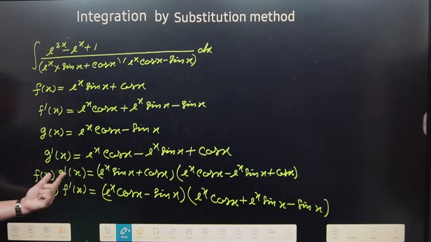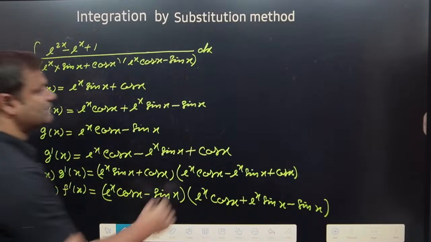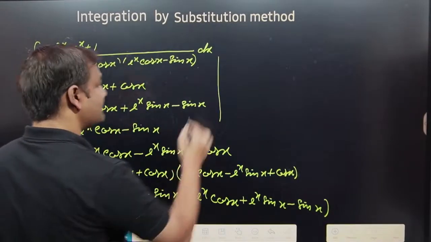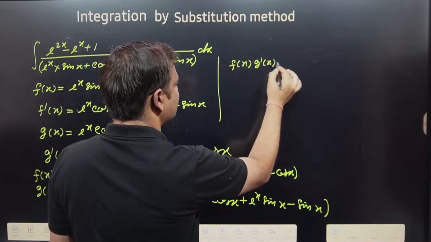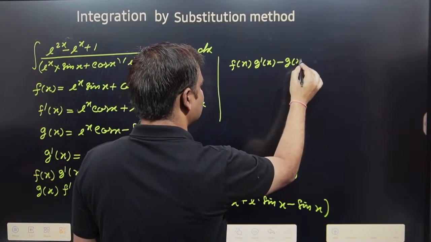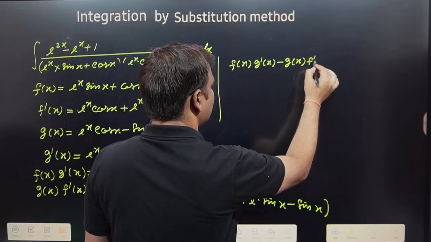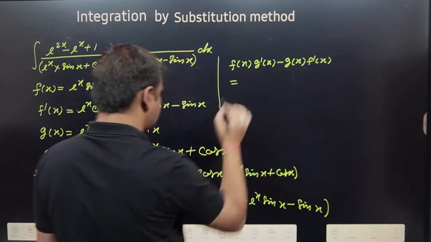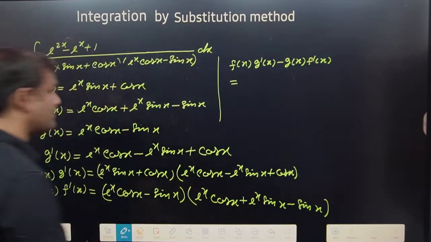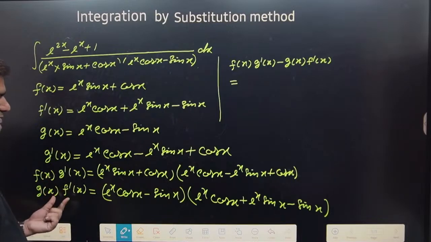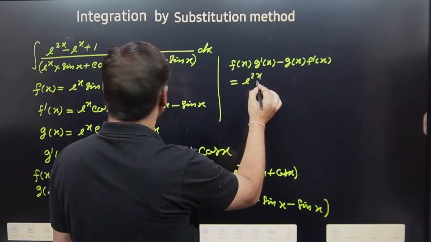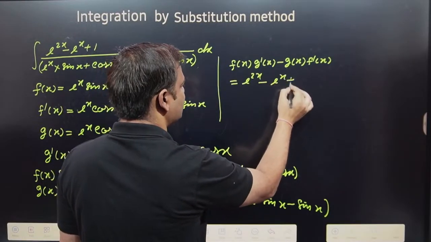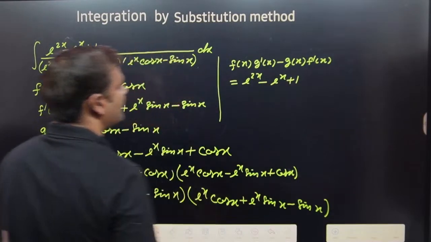This minus this will equal how much? f of x into g prime x minus g of x into f prime x. After multiplying these two and these two, and taking this one minus this, we get e to power 2x minus e to power x plus 1.